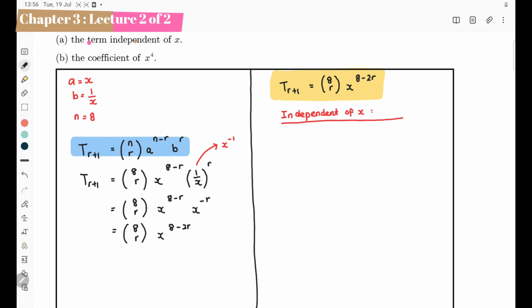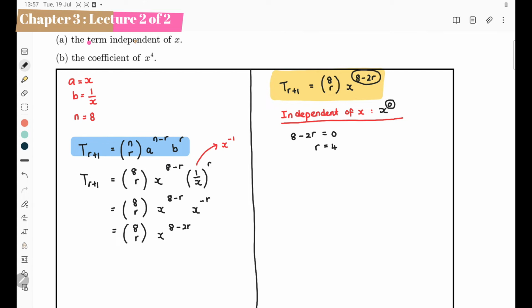Now for question A, the term independent of x means that we have x to the power of 0. To do so, we equate 8 minus 2r with 0. So we have 8 minus 2r equals 0, and we get r is 4.